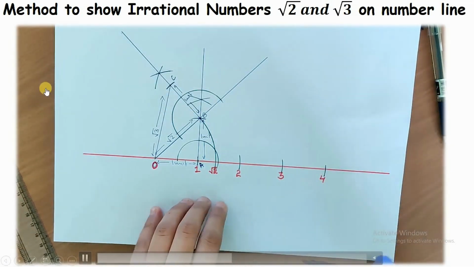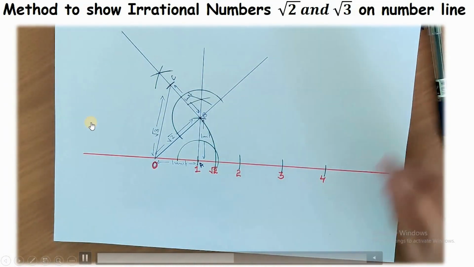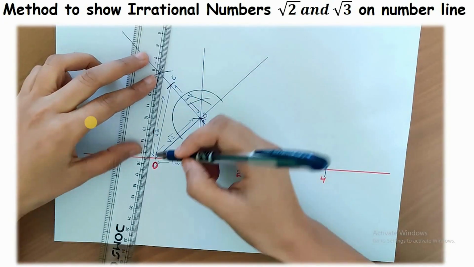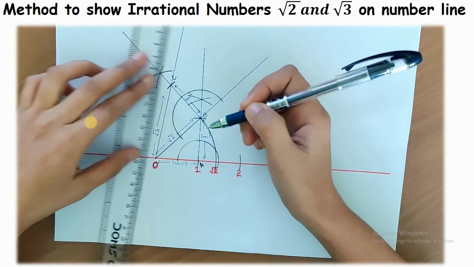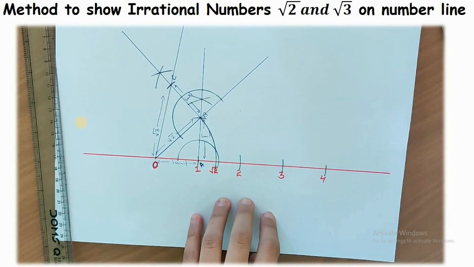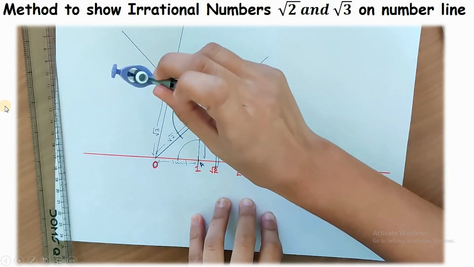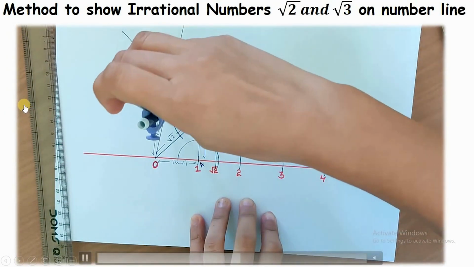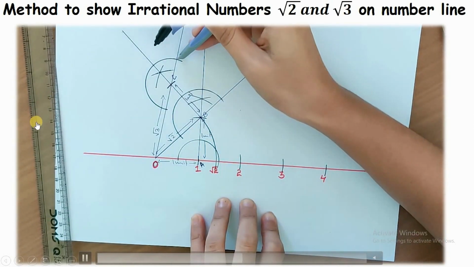Now the next one is square root of 4, and we know that square root of 4 is not an irrational number, it is a rational number. Therefore, square root of 4 means 2, it should pass through 2. So we'll check whether our construction is correct or not. Now we'll do the same thing from point C, draw a perpendicular to OC.